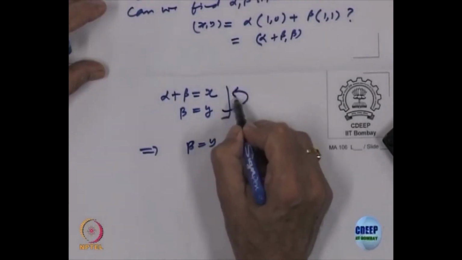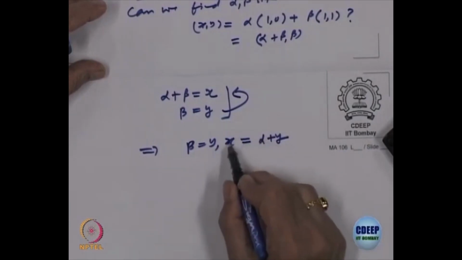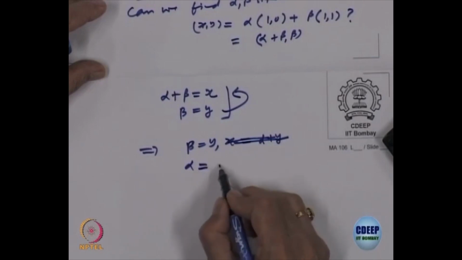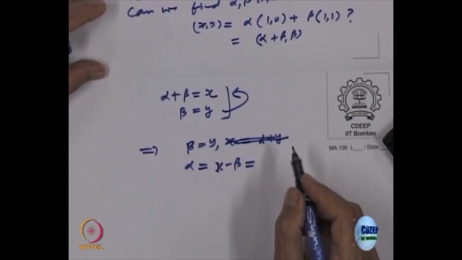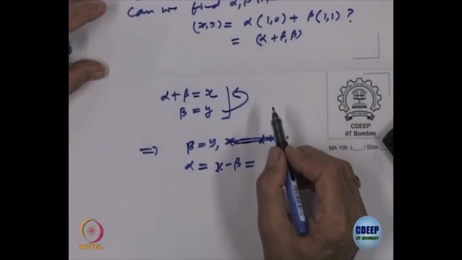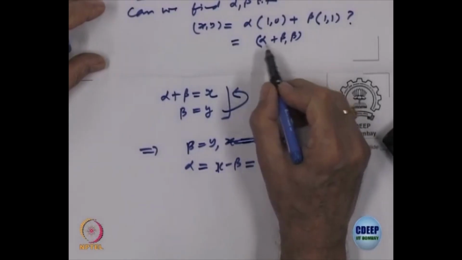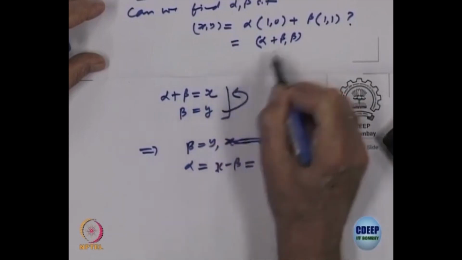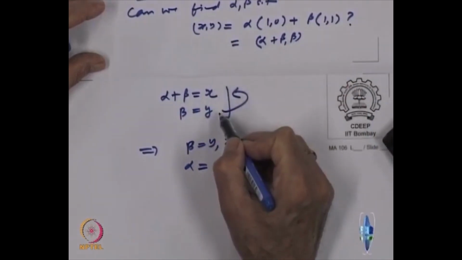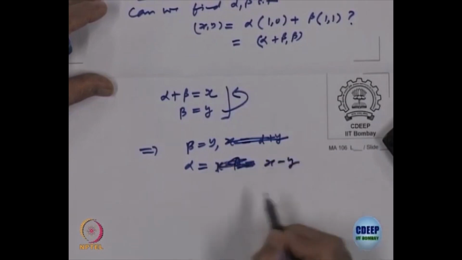I put back the equation, so alpha is equal to x minus beta, that is x minus y.